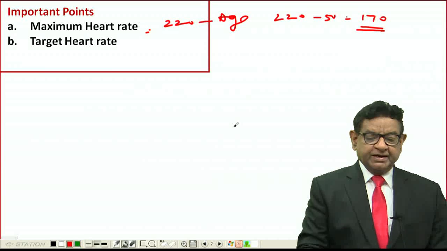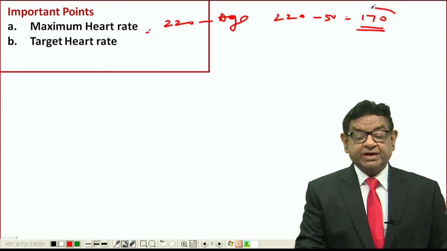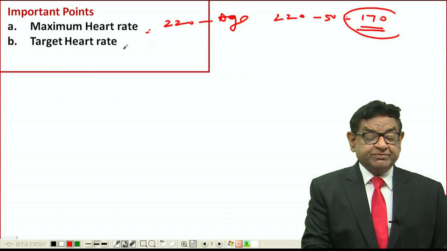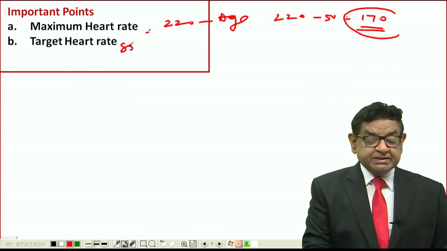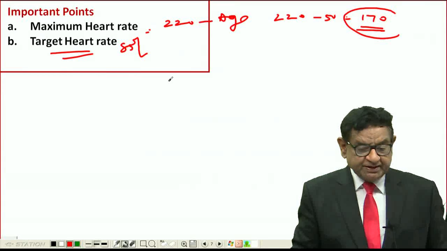What is target heart rate? It's not possible for every patient to achieve maximum heart rate. But even if the patient achieves 85% of the maximum heart rate, then also we say target heart rate is achieved.